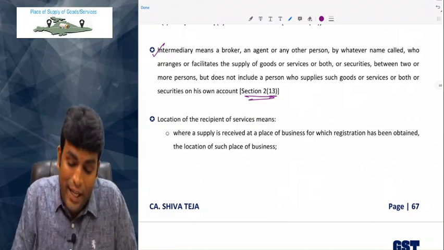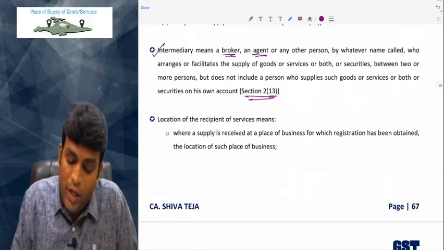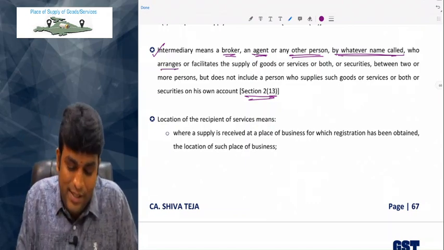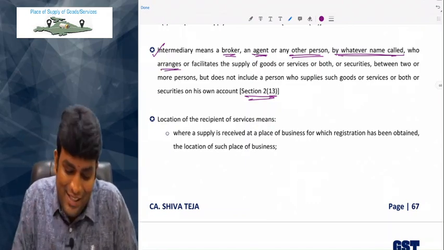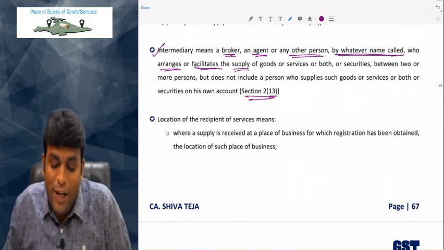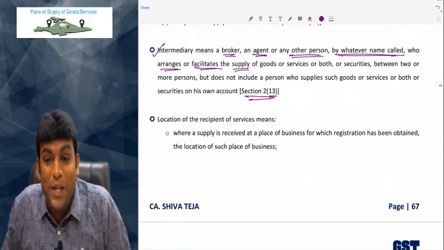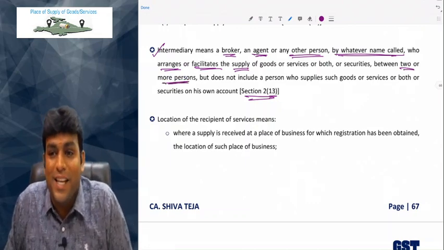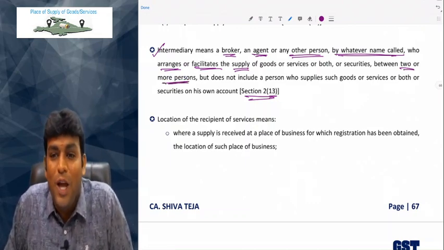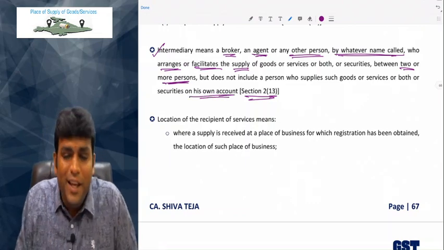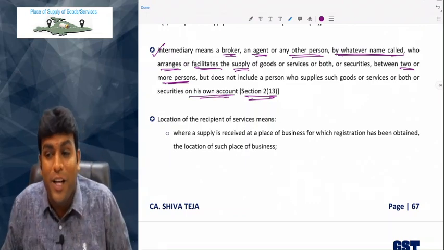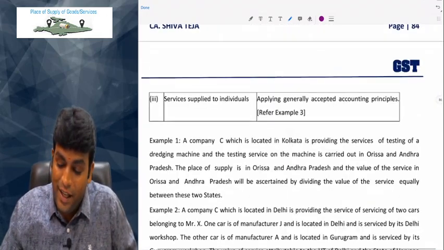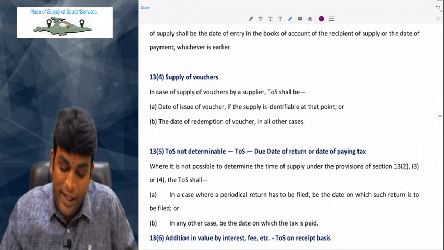Read that once. Intermediary means a broker, an agent, or any other person by whatever name you call, who arranges or facilitates the supply of goods or services or both, or securities between two or more persons, but does not include a person who supplies goods, services, or both, or securities on his own account. If he is only giving, then why you call him as intermediary, sir? Correct, right? So when he is facilitating, then only we call him as intermediary, my dear friends.